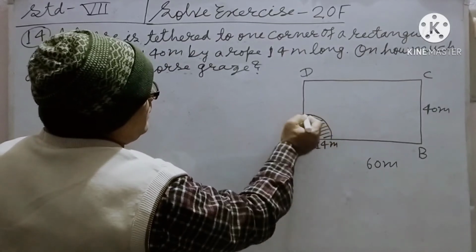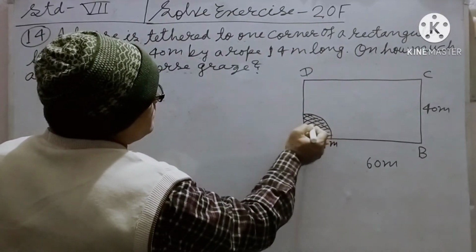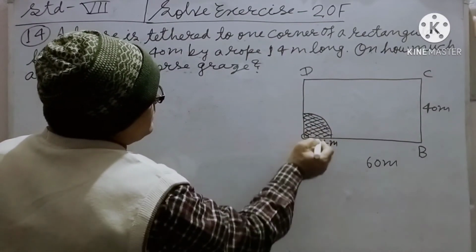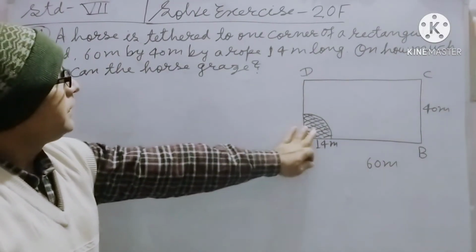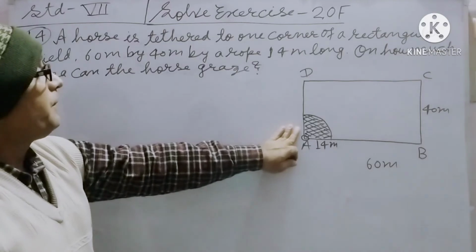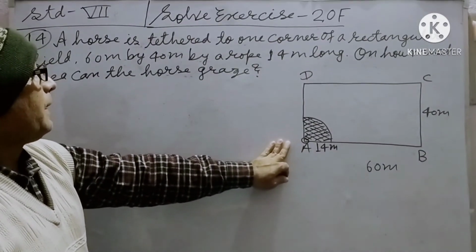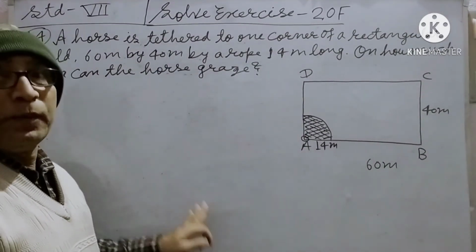This is the area the horse can graze. So find the area of this part. It is a quadrant of a circle.